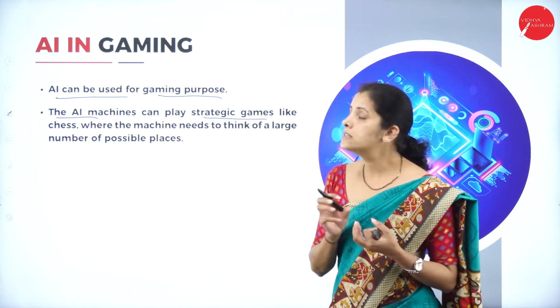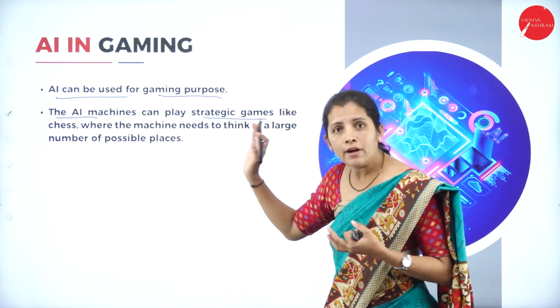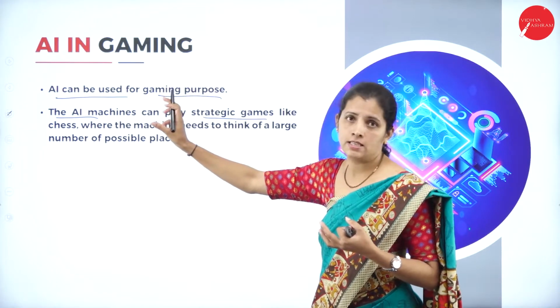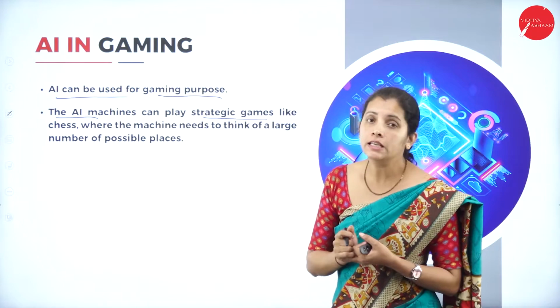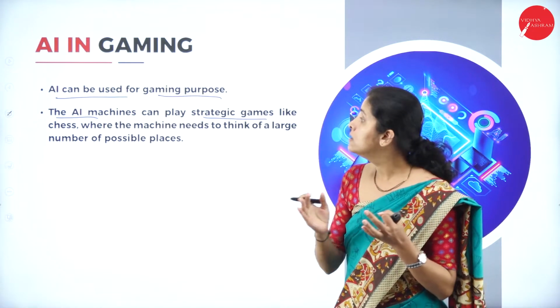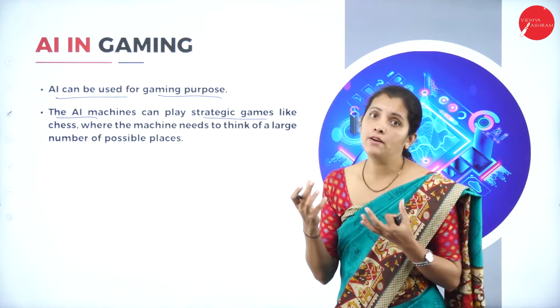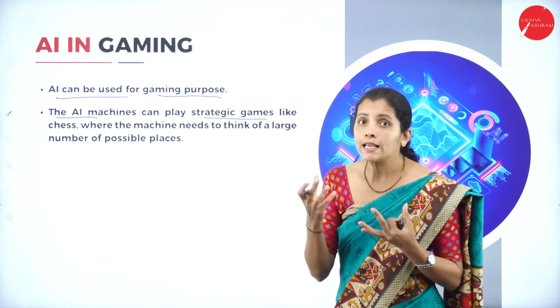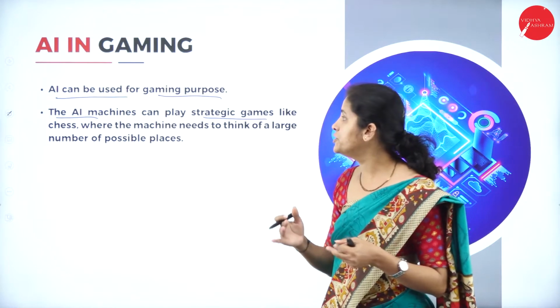Let me consider the example here, that is chess. If I use chess with artificial intelligence, then it is able to predict the possibility of checkmate, as well as take on-time decisions.